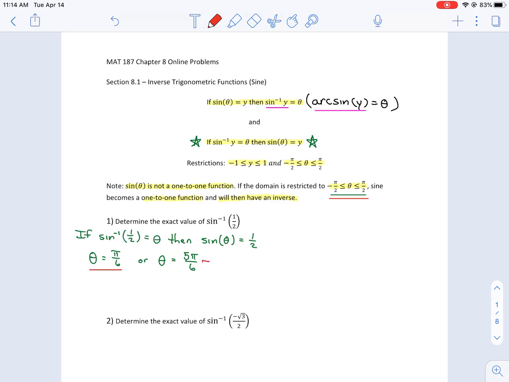So 5 pi sixths is not in the interval. So we're going to ignore that angle, and the solution is the following. The inverse sine of 1/2 is equal to pi sixths.